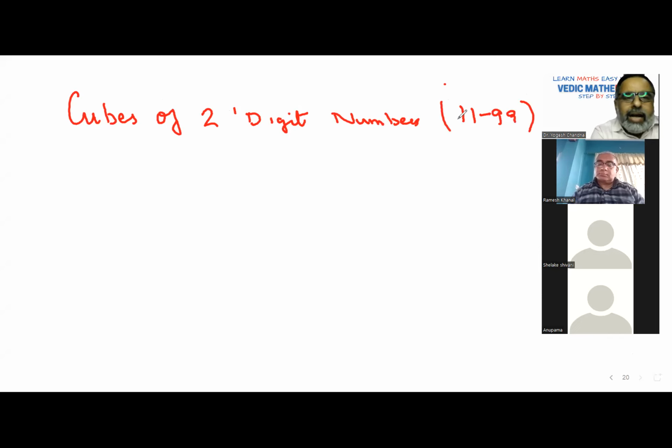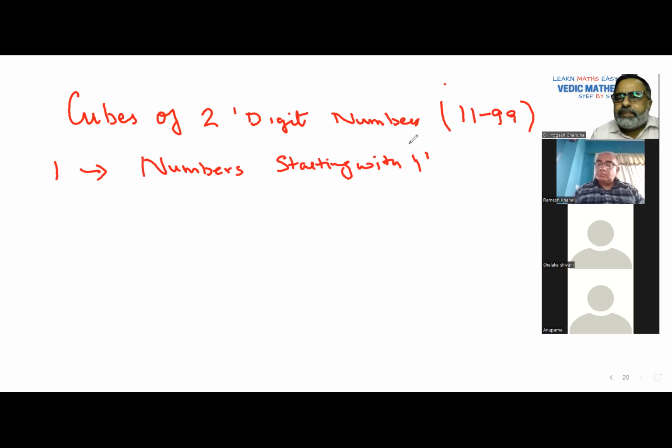And I'll divide these numbers into 4 different categories. Category 1, numbers starting with 1. So what are those numbers? 11, 12, 13, up till 19. Any question?